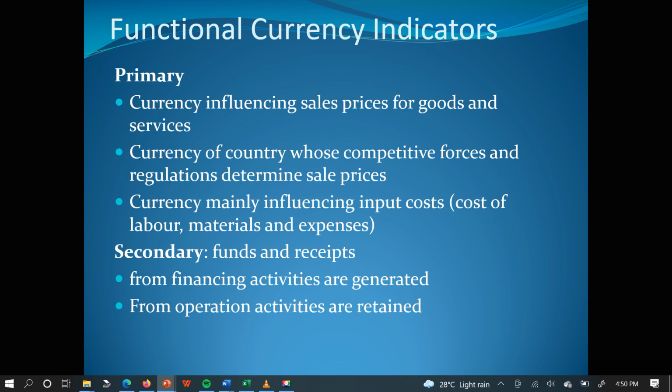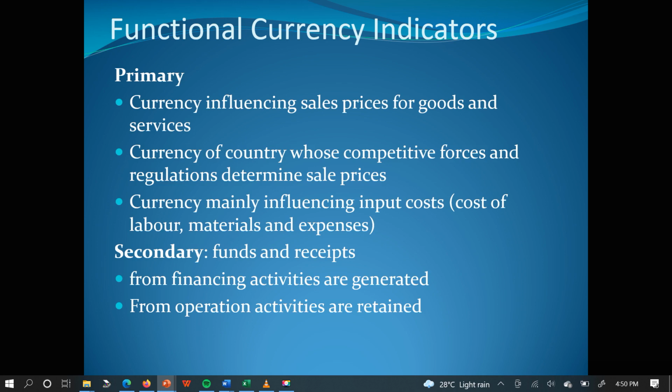Now, the biggest thing you must learn under IAS 21 is how to determine the functional currency of an entity. Because it's important to know the functional currency, and then you will differentiate it from foreign currencies.